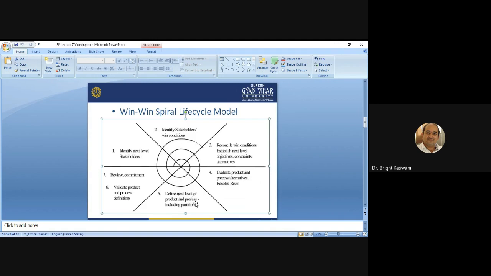At this step the next level is further defined, and you may partition the system into subsystems that can be developed in parallel cycles. This is actually useful if a system can be broken into an easy part and a hard part, because you can delegate the hard part to someone else.